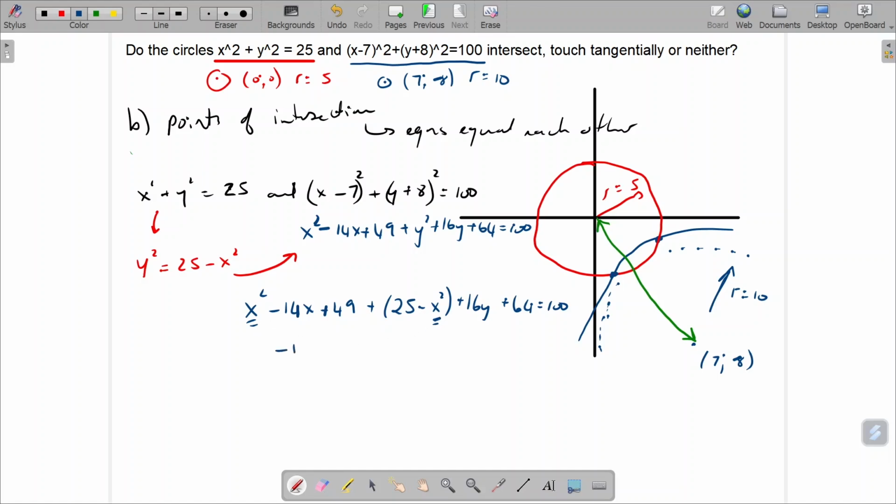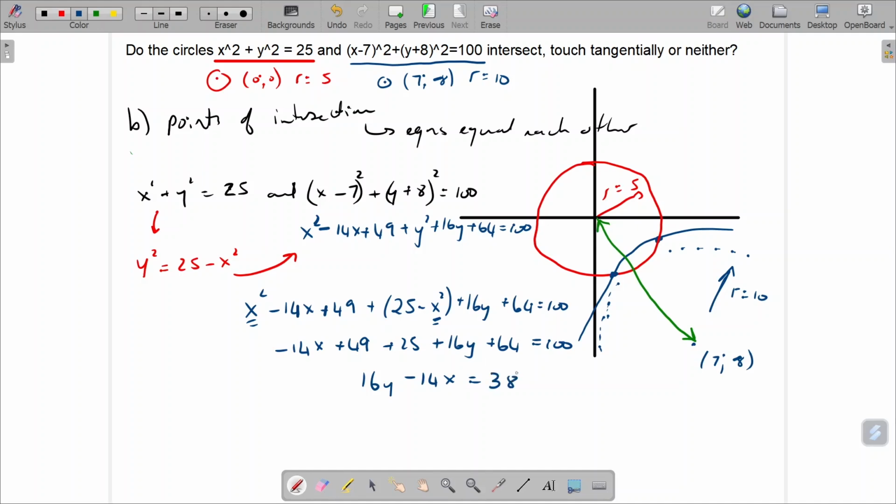And what I now have is minus 14x plus 49 plus 25 plus 16y plus 64 equals 100. Alternatively, 16y minus 14x equals 100 minus 64 minus 49 minus 25, which is minus 38.